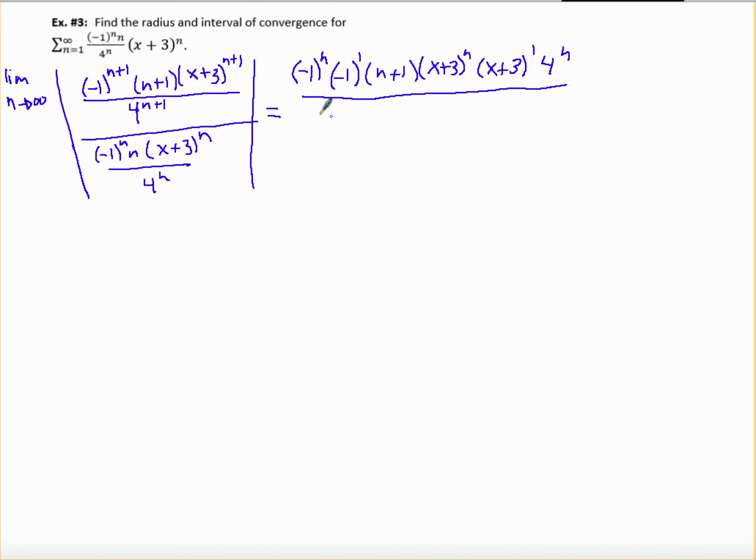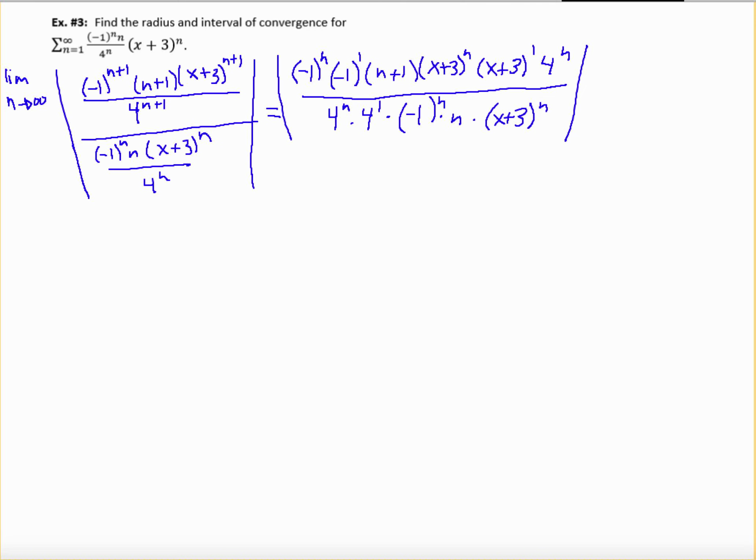And stretch it out. These middles are going to multiply together. That's going to be 4 to the n times 4 to the first times negative 1 to the n times n times x plus 3 to the n power. And the whole thing is being absolute valued.